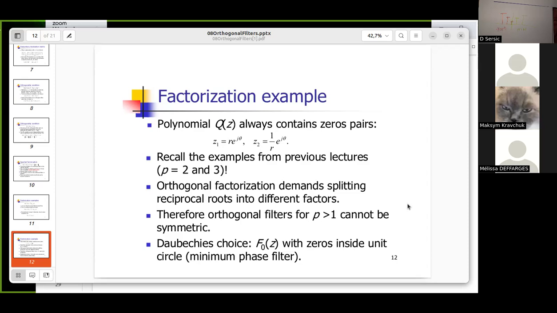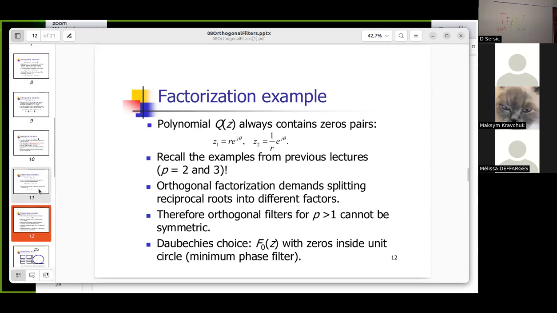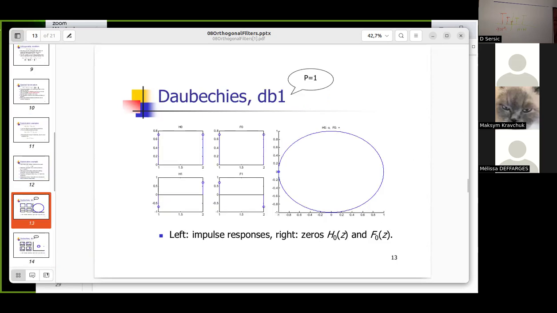Many wavelet families are named after her. The idea of using binomial parts multiplied by some polynomial Q is hers, and she made several choices that have been named after her. So let's see what we can do.